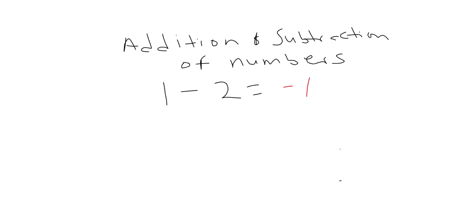Let's see another example and apply it. If I said -2 - 3, applying that concept, it means I owe 2, I owe 3. If I owe 2 and I owe 3, that shows I owe 5. And to show that you owe, you write it down as -5.